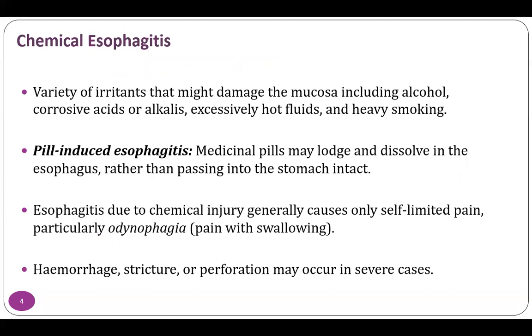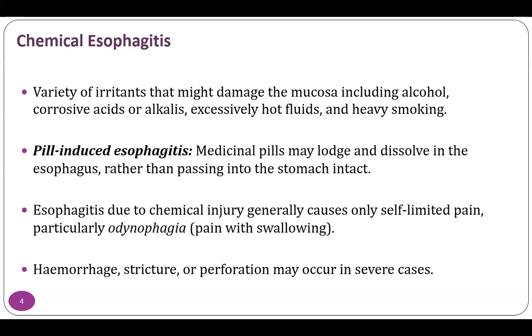Chemical esophagitis: a variety of irritants can damage the mucosa, such as alcohol and corrosives. Sometimes kids by mistake take corrosives, alkali, or excessively hot fluid. Heavy smoking also can cause chemical esophagitis.